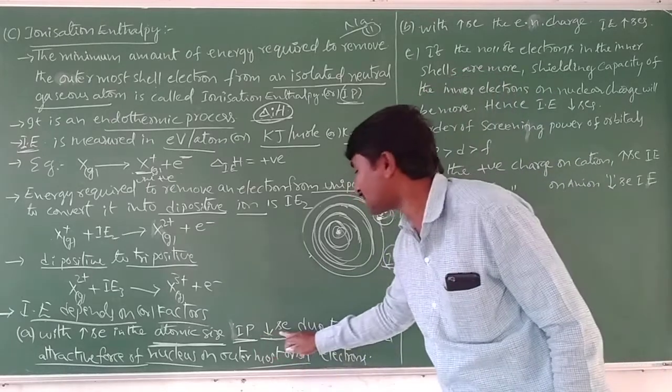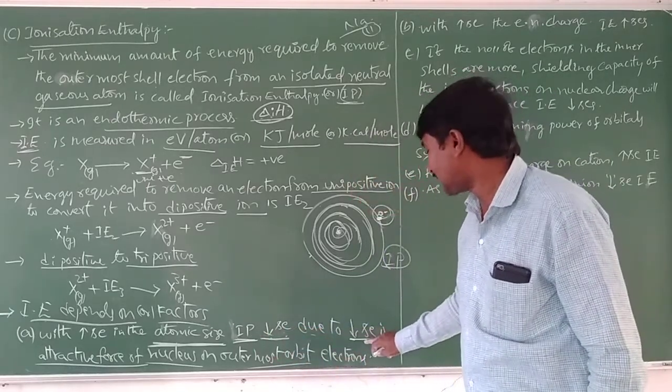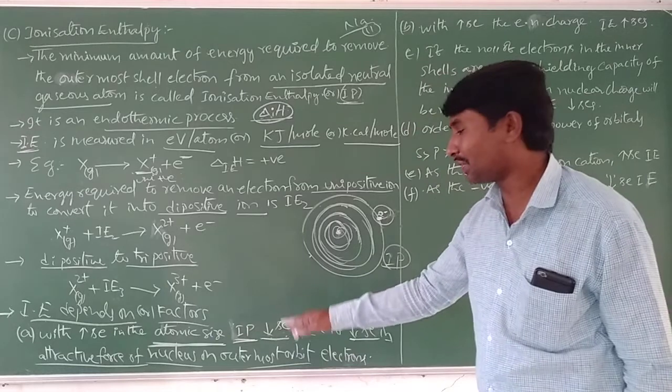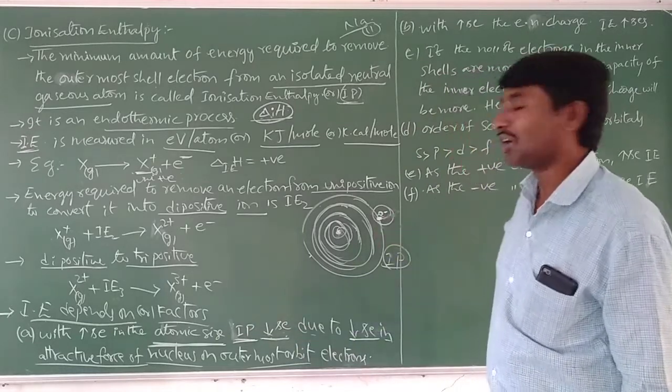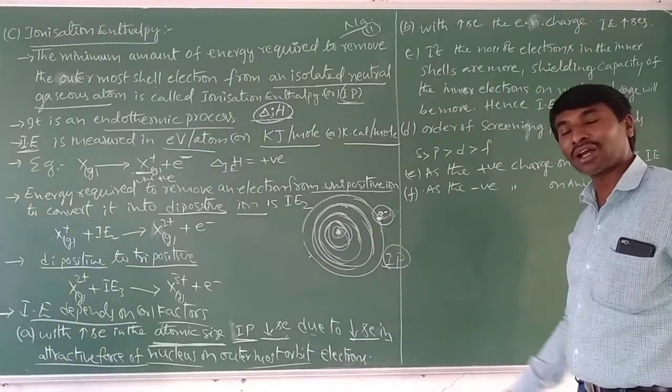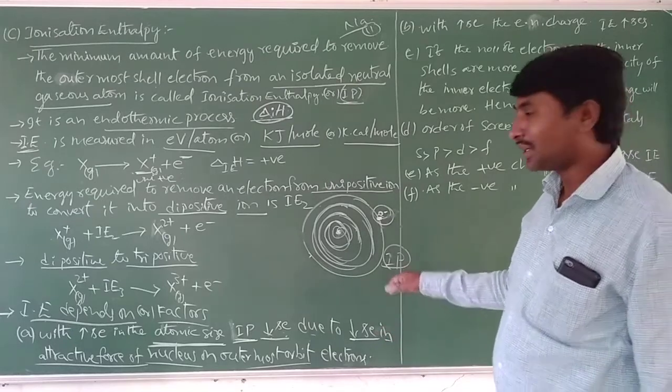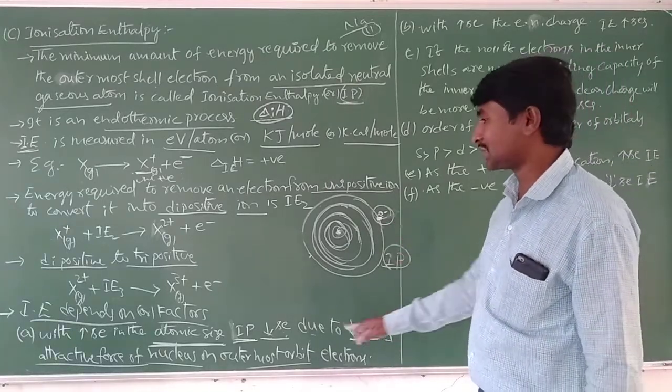So IP values decrease due to the decrease in attraction force of the nucleus on the outermost orbit electrons. That is the reason.